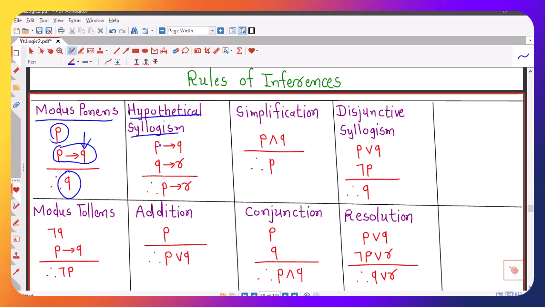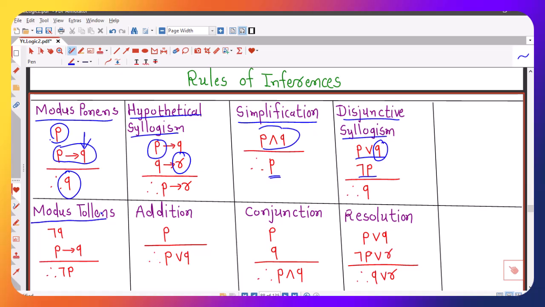This says that whenever p implies q and q implies r, then we must have p implies r. Simplification is whenever p and q is true, then we have conclusion p is true. Disjunctive syllogism, here I have premise p or q, here negation p, therefore I have q here.